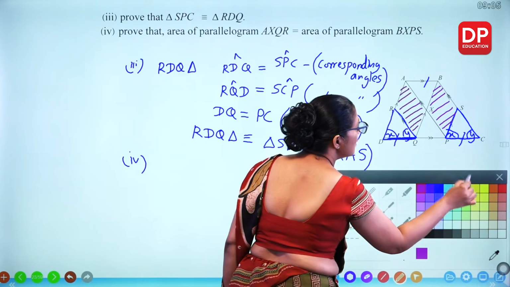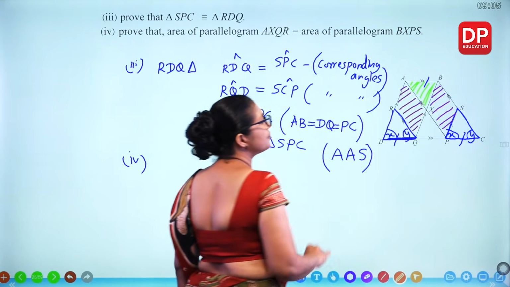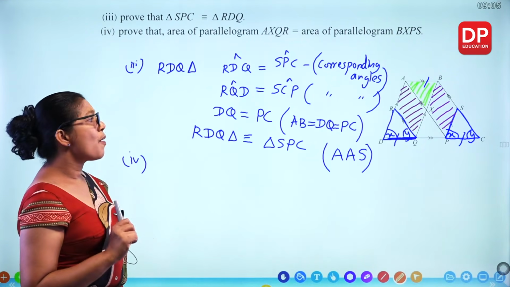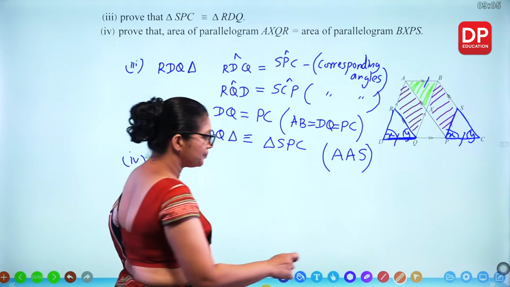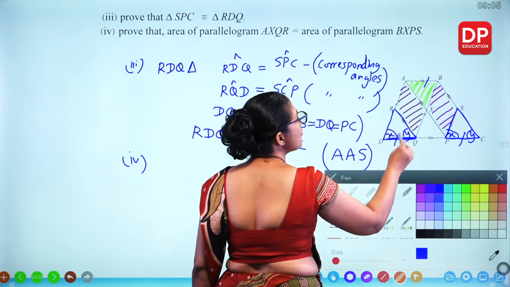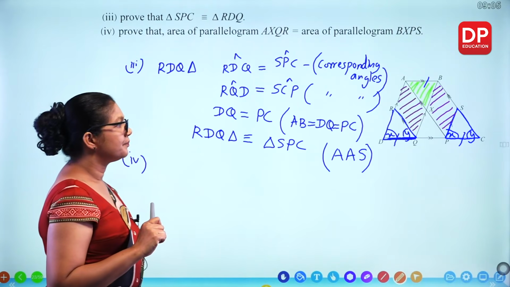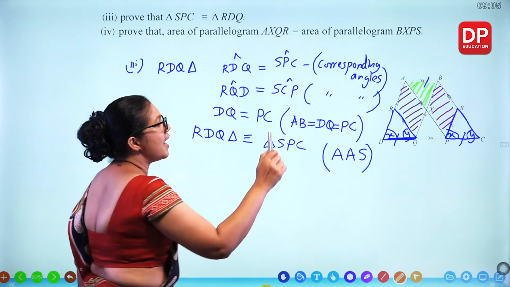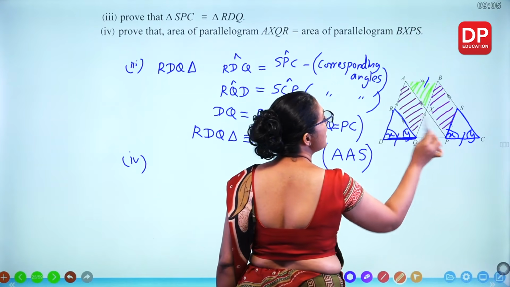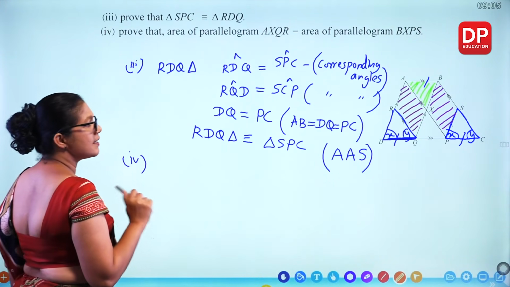I'll color this also. We know from the first part that these two triangles are equal in area, and also from the second part we showed that these two areas are equal. So what can we write down?